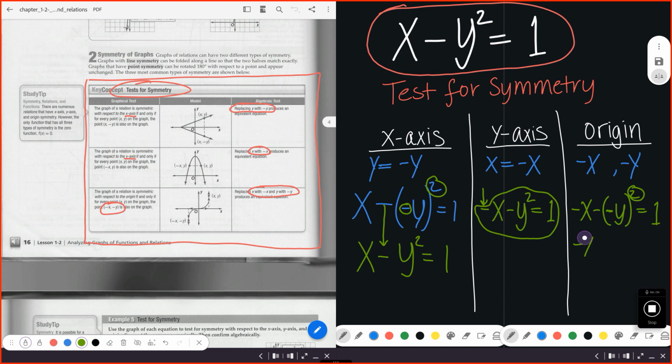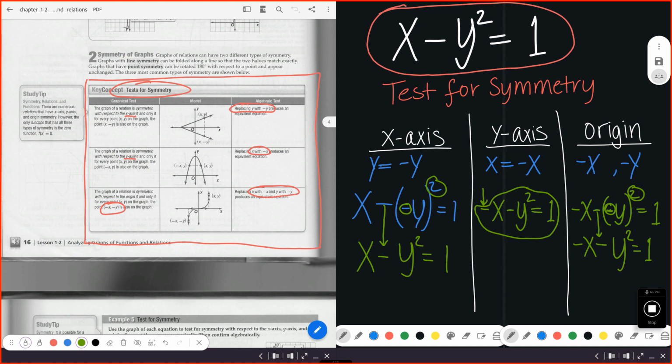So negative x, I can't do anything with that. I still have that minus there, so I'm going to write it here, minus. And then this minus turned into a positive because of the square. Now I'm squaring that y, so that's y squared equals 1.